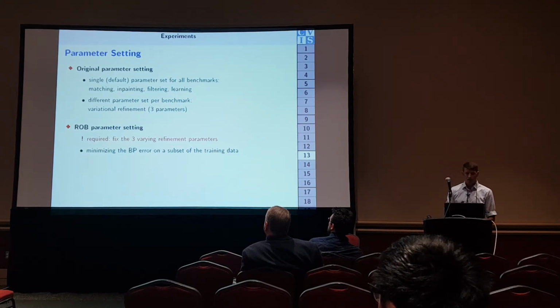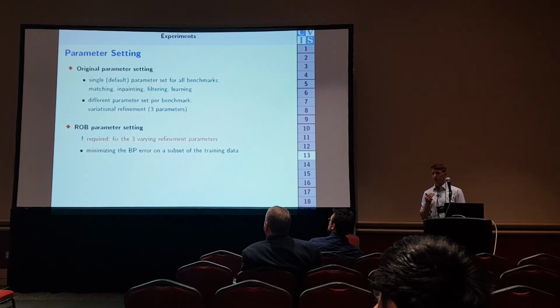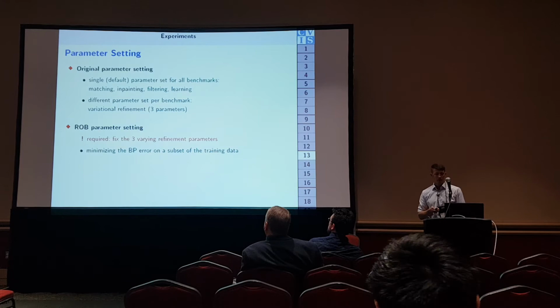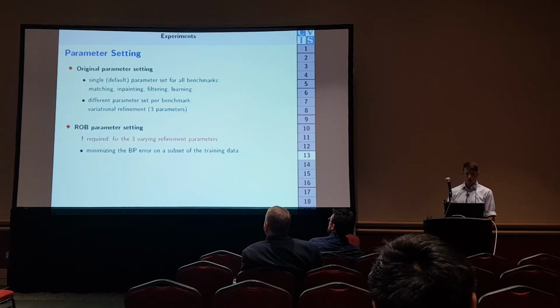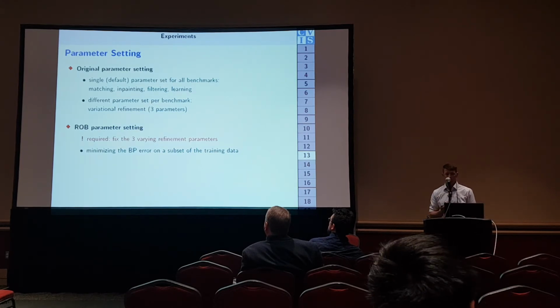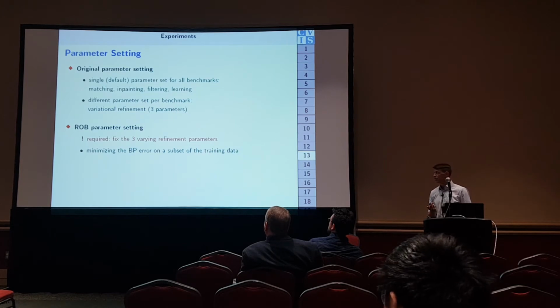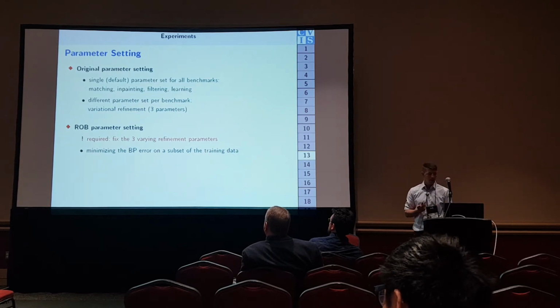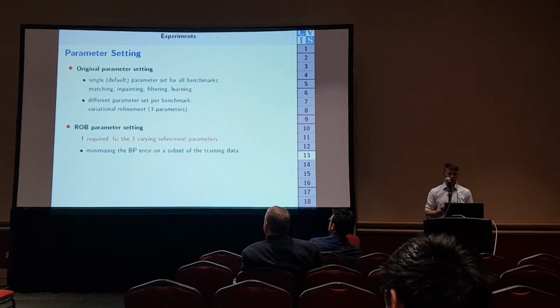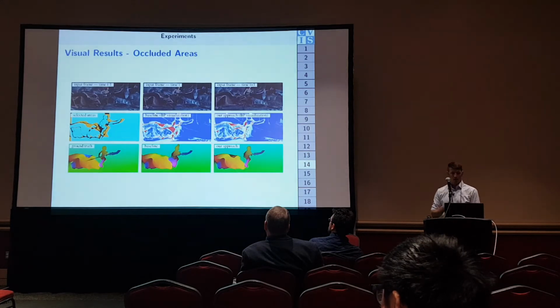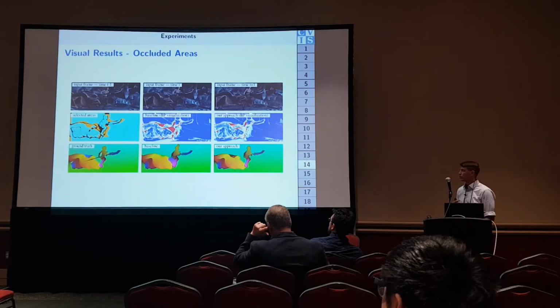We only had a different parameter set in case of the variational refinement, which are basically 3 parameters which differ in the estimation. Of course, we had to leave the 3 varying parameters fixed to fulfill the ROB challenge requirements. We've done this simply by minimizing the bad pixel error of the baseline method on a subset of the training data. So next, I would like to show you some visual results.